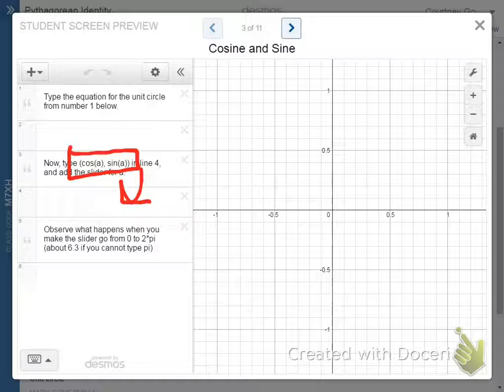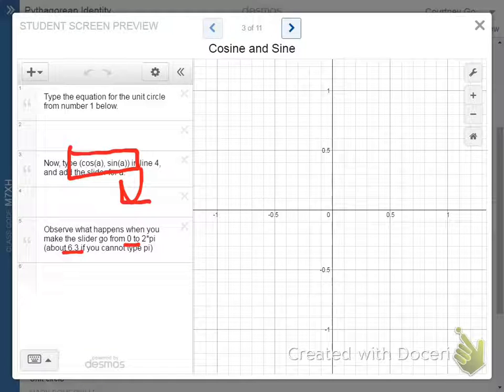It'll also pop up and ask you if you want to add a slider, so add that. And then you want to make it go from 0 to 2 pi. I don't think it'll let you type in pi, so go ahead and just do 0 to 6.3. That's an approximation of 2 pi. So that'll let you observe some things.